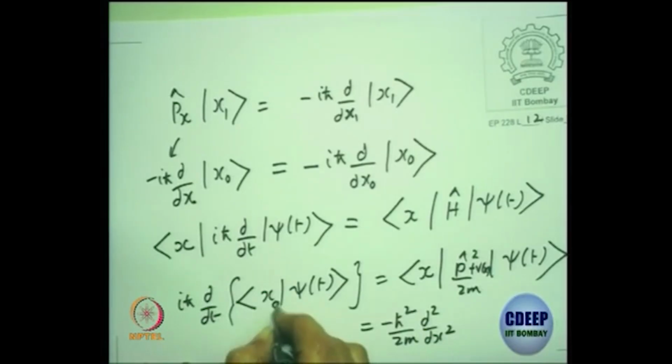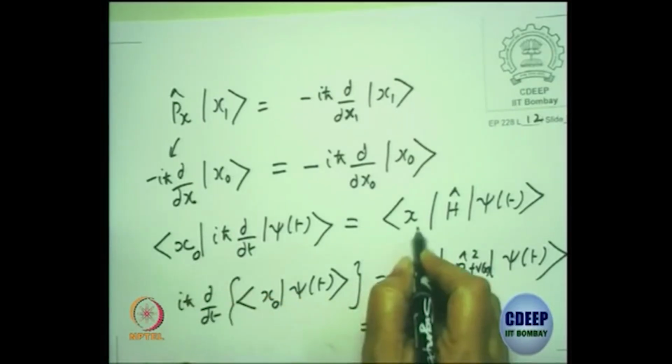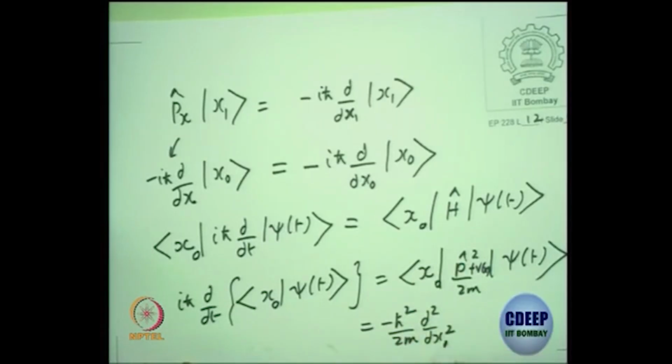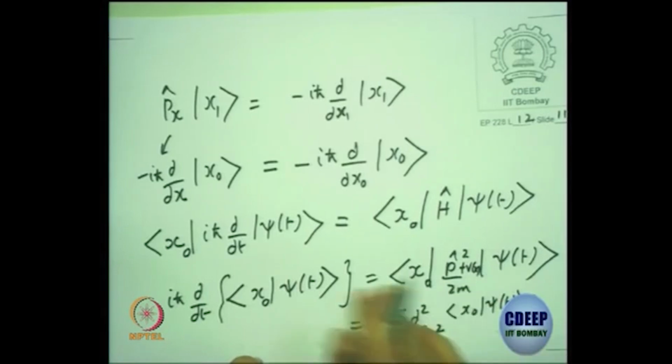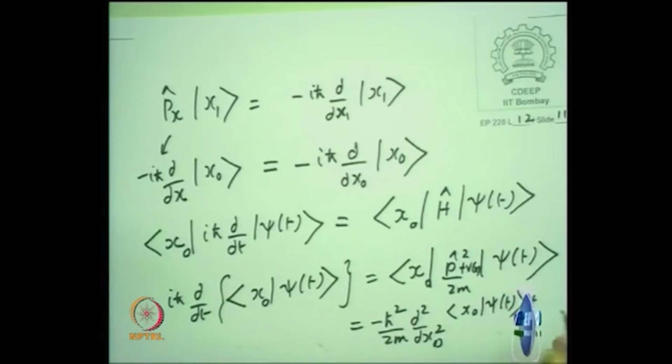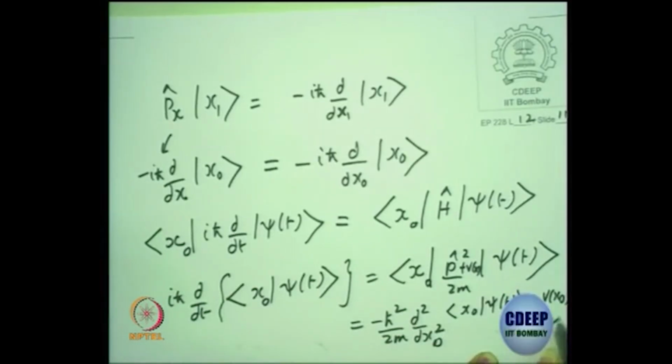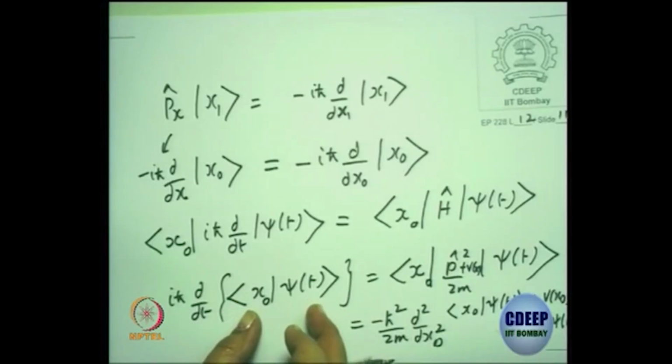More precisely, maybe I can take an x naught here just to make it more dramatic, with x naught psi of t, plus this term v of x. v of x will give you v of x naught, a number, multiplying x naught with psi of t. So what is this x naught with psi of t?